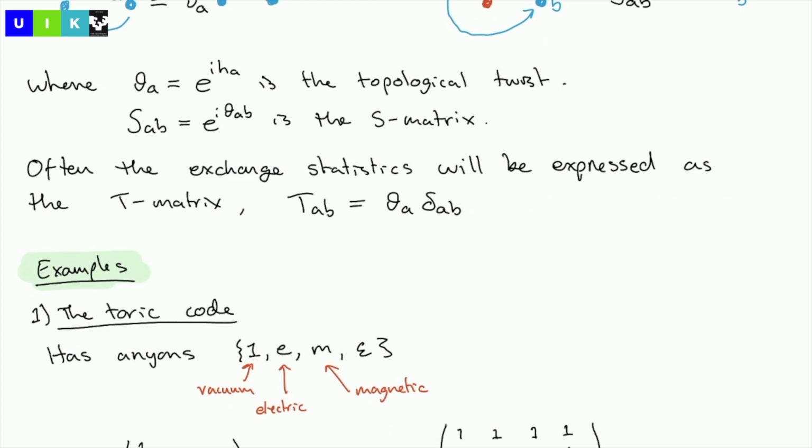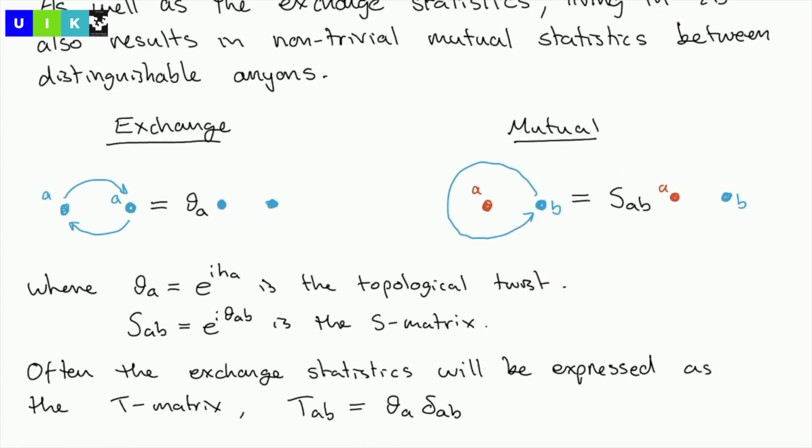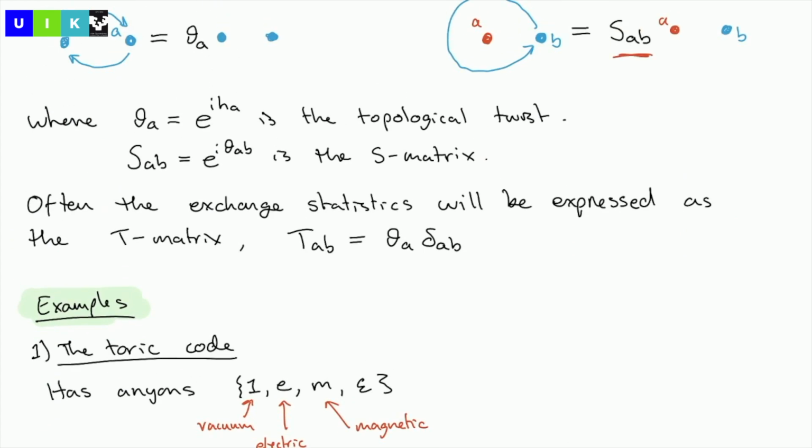Right, so then we have these extra phases, which I'm going to call the S matrix. So this phase now depends both on particle A and particle B. If you see these things, then these topological spins are often summarized in a slightly different way.